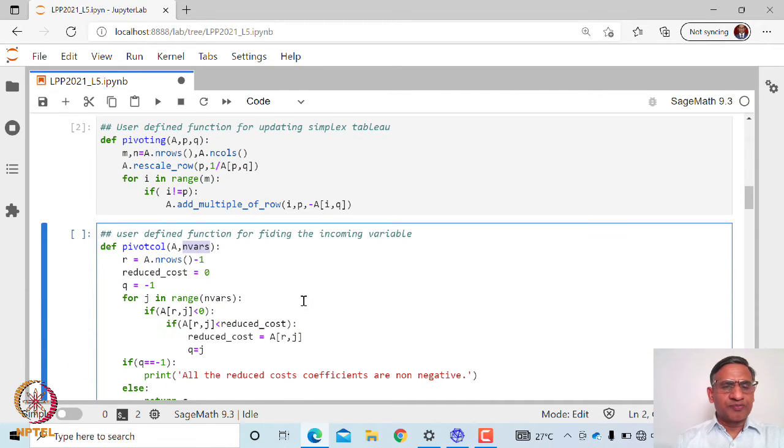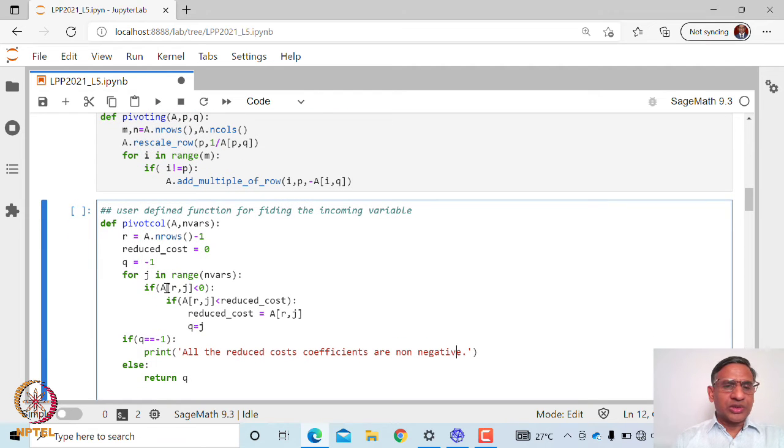What we are going to do is look at the last row. The index of the last row will be the number of rows minus 1, and if all are positive, then we don't have to do anything. We would have reached the optimum, right?